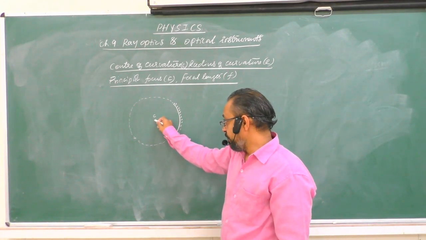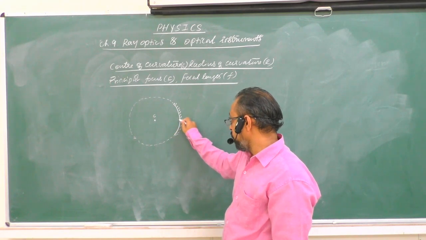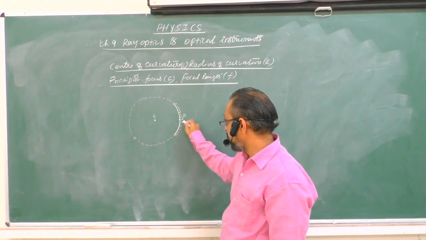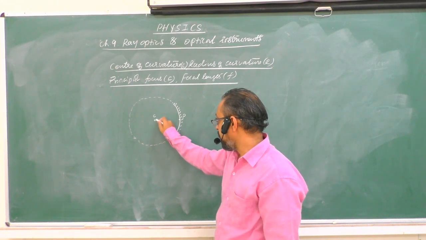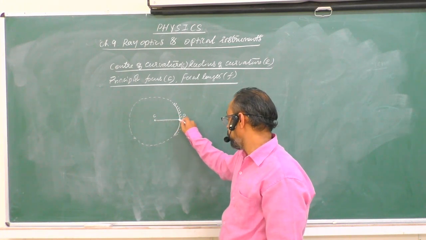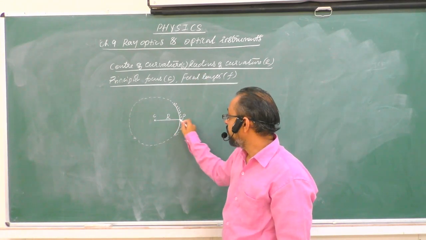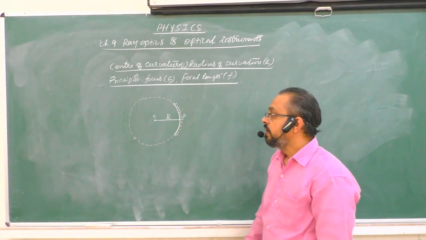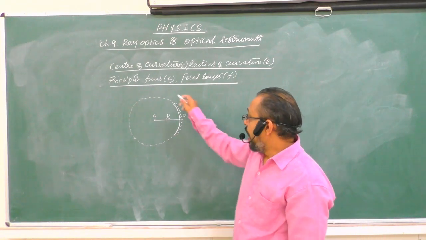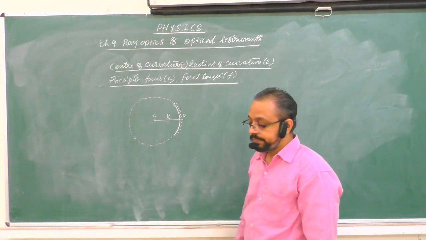And the distance between the center of curvature and the pole lies here. This distance we call the radius of curvature, R. And next is the principal focus.